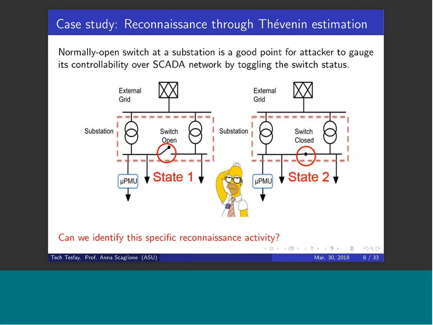This is a critical component of the grid where an attacker could be interested to see if he's able to toggle the status of this normally open switch. And our job as an intrusion detection system is to see if we can identify a reconnaissance activity against this normally open switch.